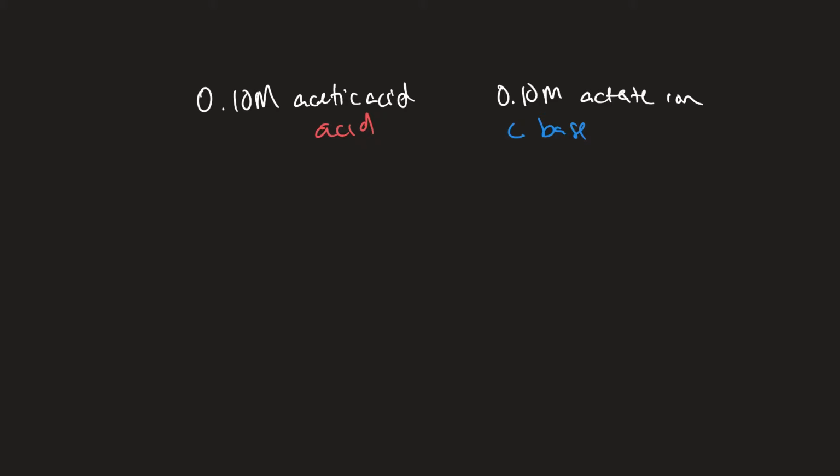So how does this resist pH change? In a nutshell, if you were to add a base, a hydroxide, the acidic portion of the buffer is going to react with the base to form the conjugate base.